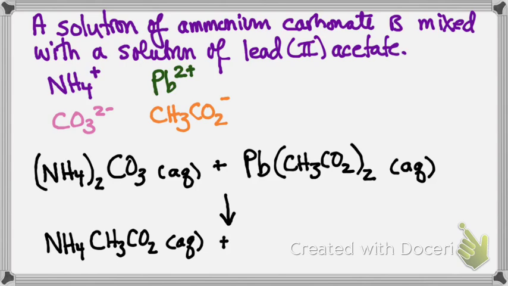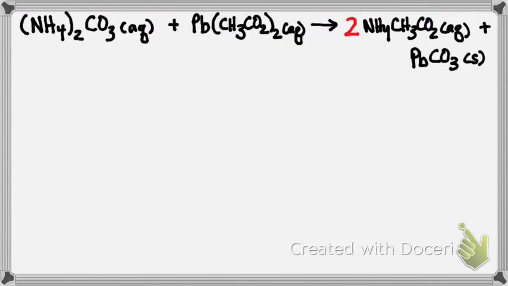Plus lead carbonate. That combines 1 to 1, but that is not soluble. So it will precipitate. I can use the S in parentheses, or I can use a down arrow. So once I balance the equation, I need a coefficient of 2 in front of ammonium acetate.